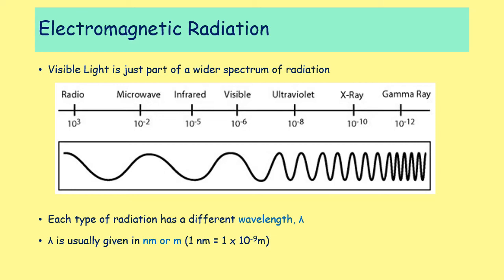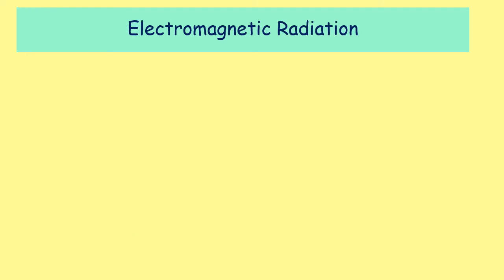And the conversion is that 1 nanometer is equivalent to 1,000 million or a billion. 1 meter is 1,000 million nanometers. 10 to the minus 9 is your conversion for turning nanometers into meters.